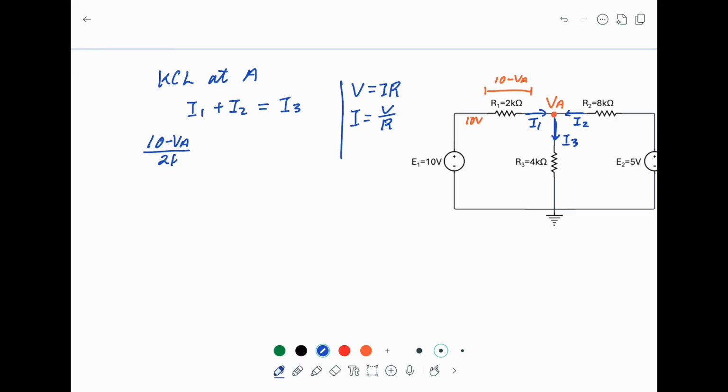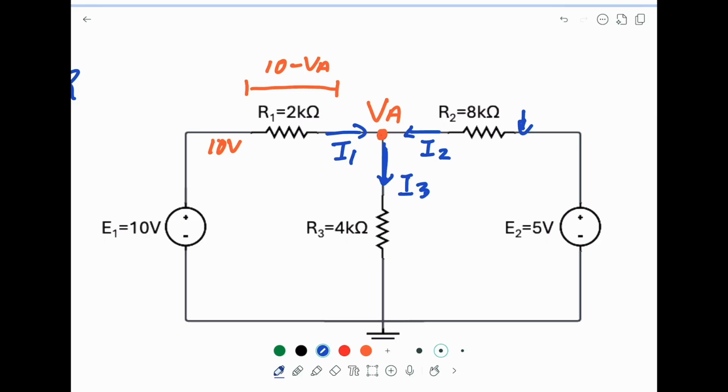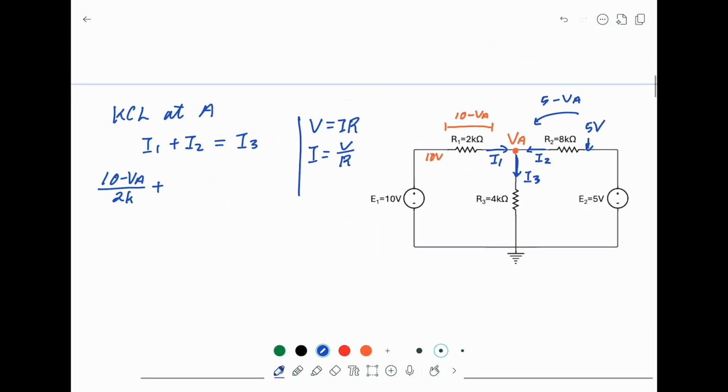is 2K. Plus I2. This side of the resistor R2 is 5 volt, and the current we assume flows from the 5 volt to VA. So the potential difference across R2 is 5 minus VA, and the current I2 should equal 5 minus VA divided by 8K.